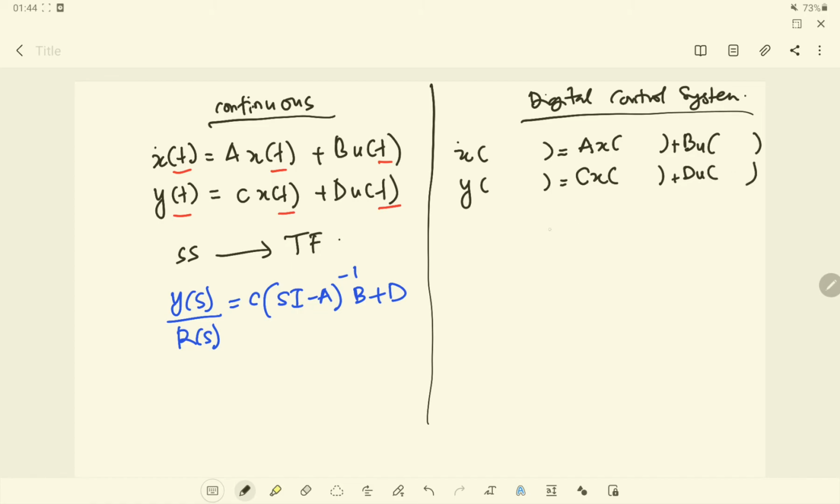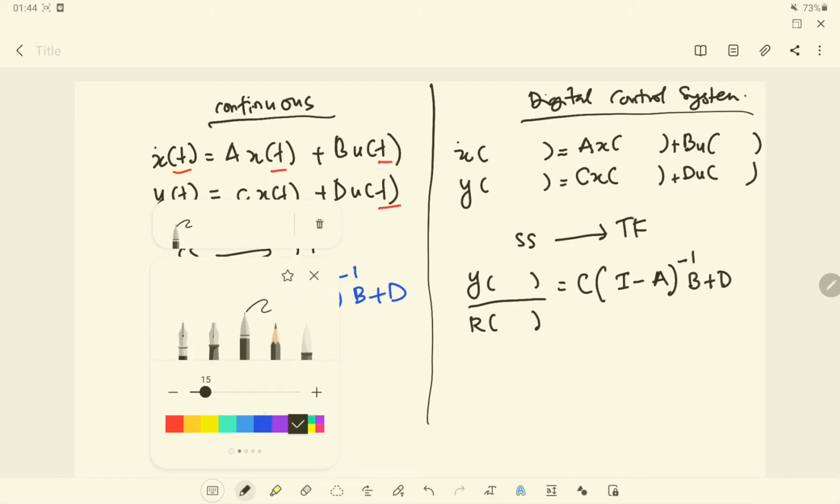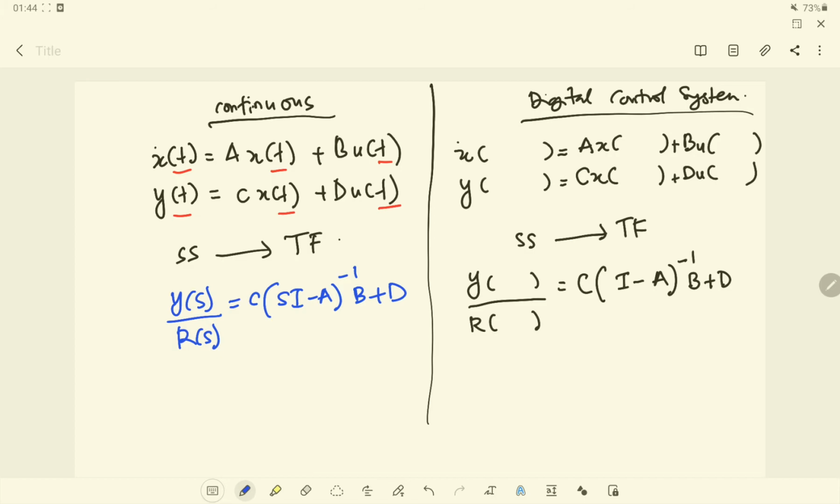The same goes for how we convert state space to transfer function: Y over R equals C(zI minus A) inverse B plus D.